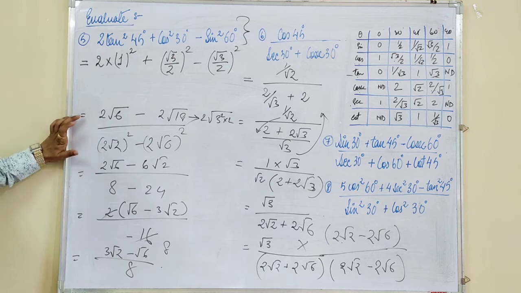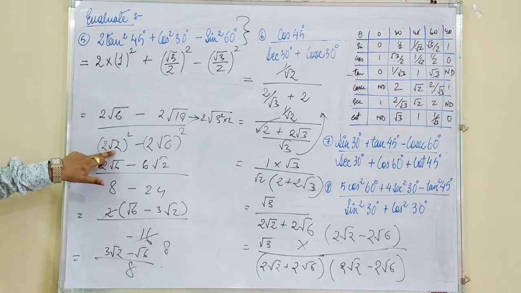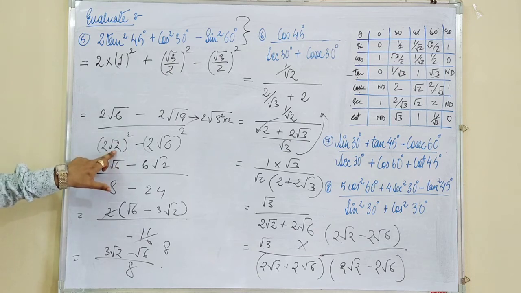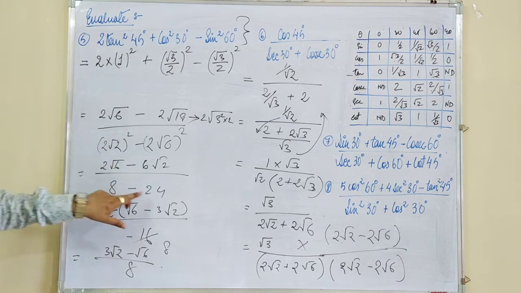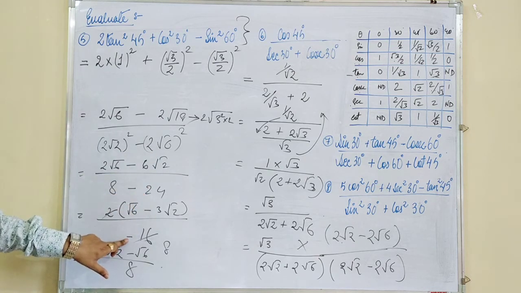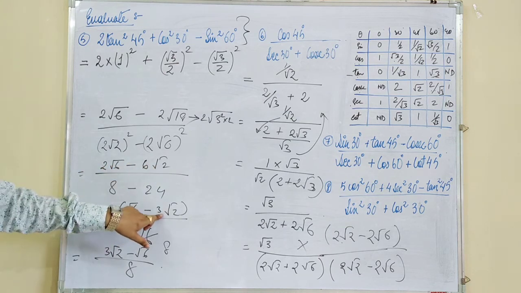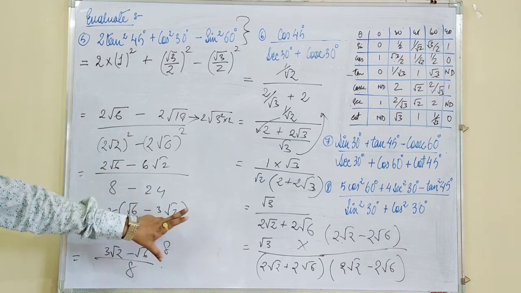See, till here I don't think you have any particular doubt. 2 into root 2 whole square is 2 2s are 4 into 2 is 8, and this one will be 24. So 8 minus 24 is minus 16, and I have taken 2 common from here, so it will become 2 root 6 minus 3 root 2. Okay?